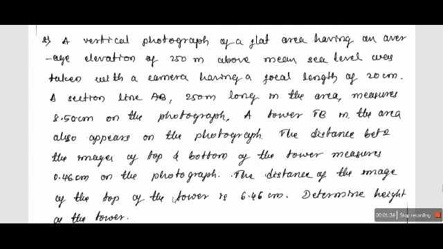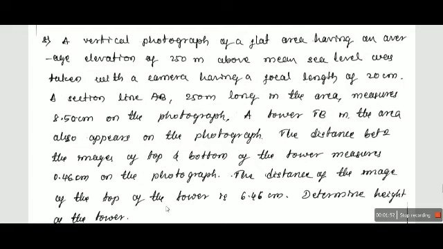The distance of the image of the top of the tower is 6.46 centimeters. Determine the height of the tower. Okay, we have to find out the small h.